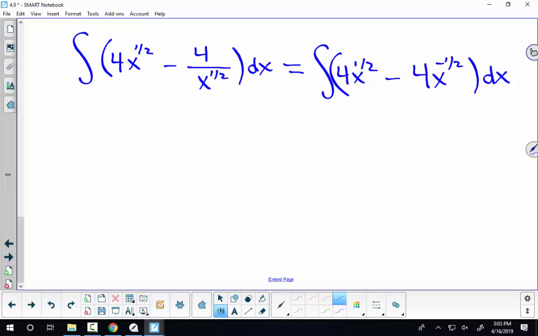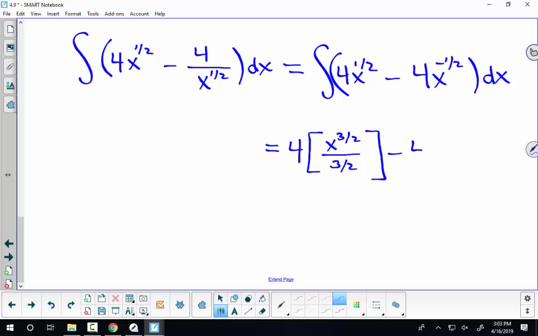Okay, and then that way we have sums and differences and constants times powers of x. So the antiderivative of 4x to the 1/2 would be what? 4 times 2/3 x to the 3/2, yeah, or 8/3. So you have the 4, the antiderivative of x to the 1/2 we saw earlier, that's x to the 3/2 over 3/2 if you want to write it like that, but it's really 2/3 x to the 3/2.